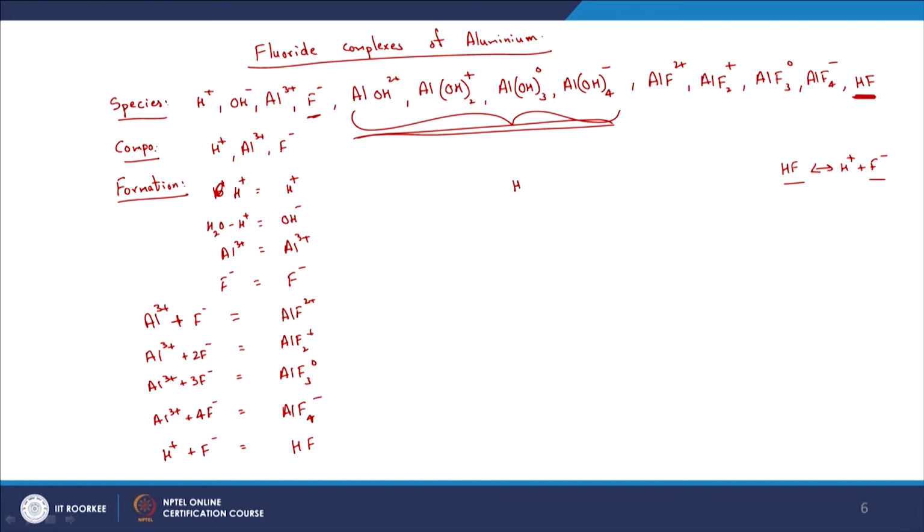In the tableau, I first need to come up with my components in the columns, H plus, OH minus, Al3 plus, and F minus, and here I'm going to list all the relevant species. Assume that we are already writing down these 4 aluminum hydroxide species, or let me list them for the sake of understanding.